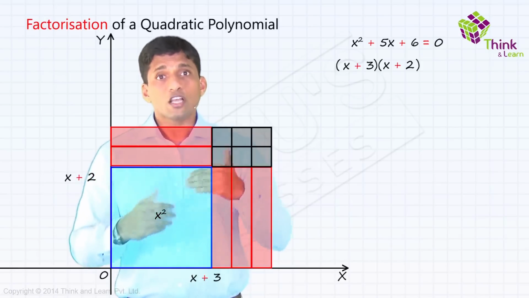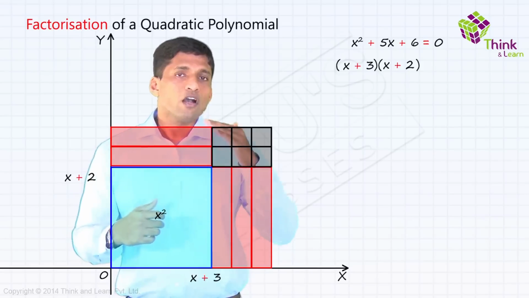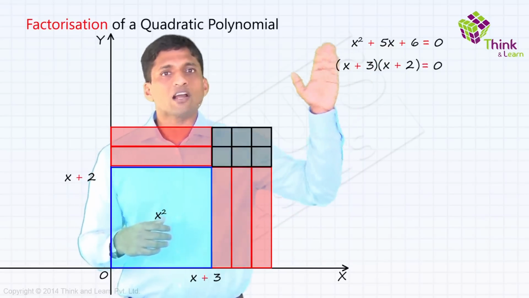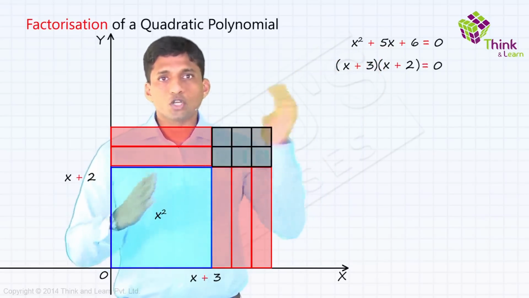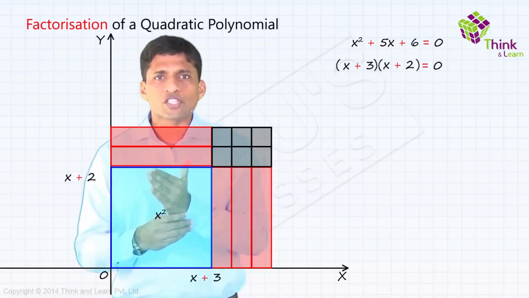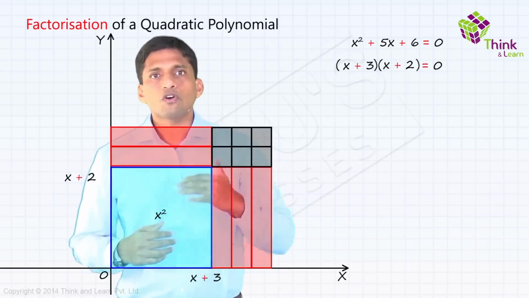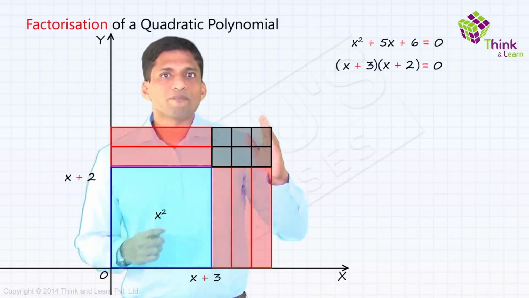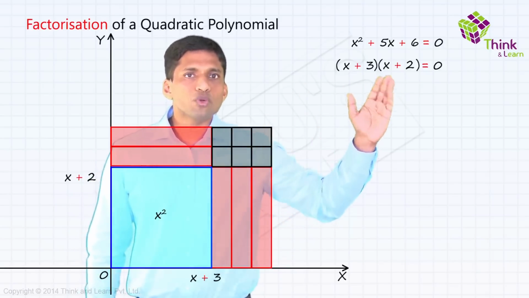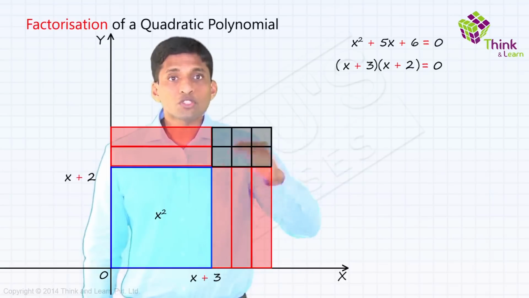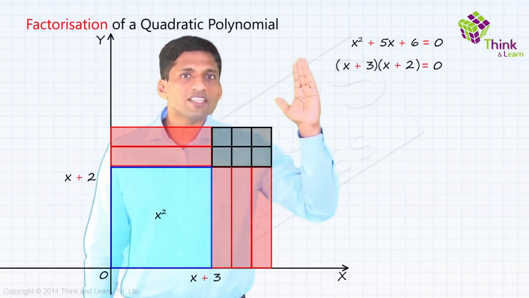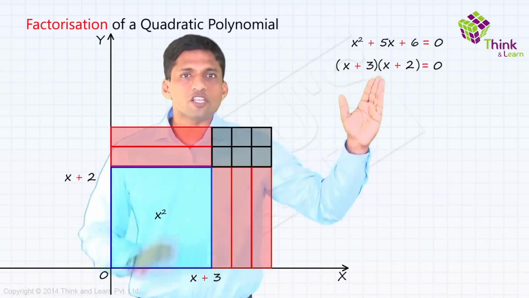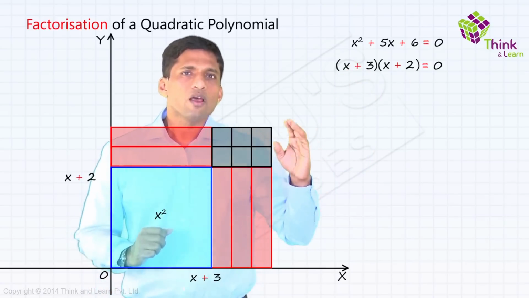Now next, using the same thing, if I make it equal to 0, I'll get a quadratic equation. So the solution for that is very easy to visualize here. That's what I'll do next. Now we can find the roots of the equation also. We already got x plus 3 into x plus 2 equal to 0, where x plus 3 is the length and x plus 2 is the breadth of this particular rectangle.